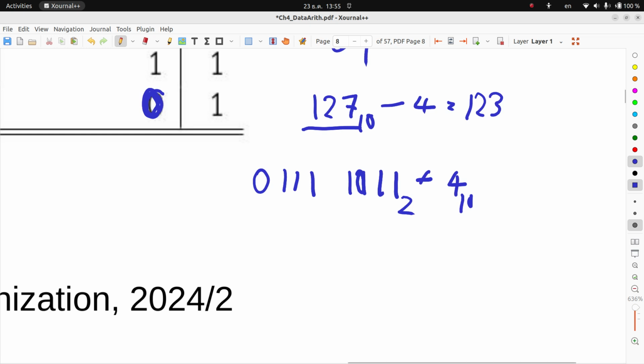Subtract 4. Done. Here. Bit 2 to the 2 is 0. That corresponds to subtract 4. I always do the same thing because this is tricky. This is much faster.